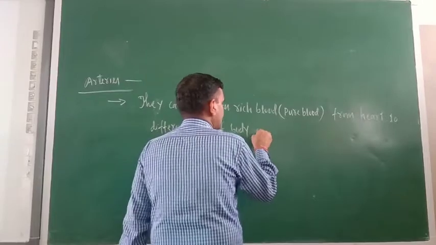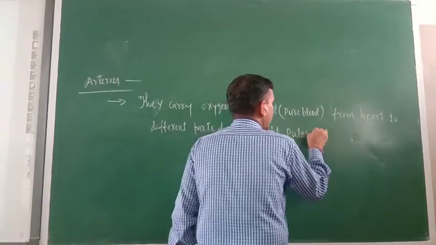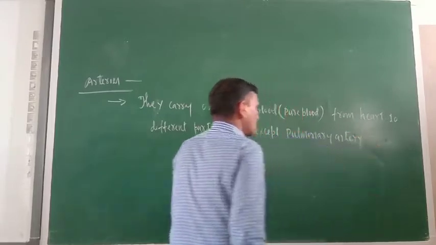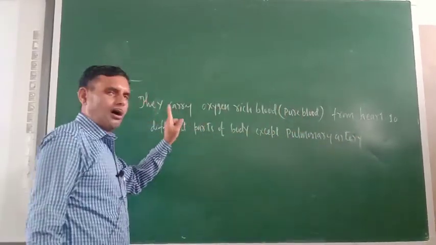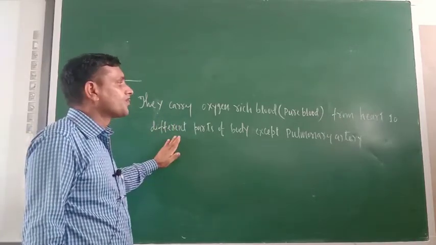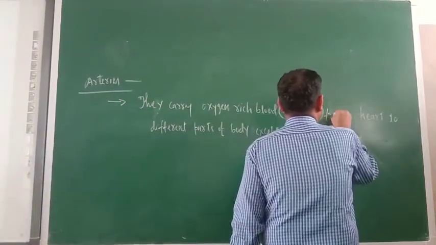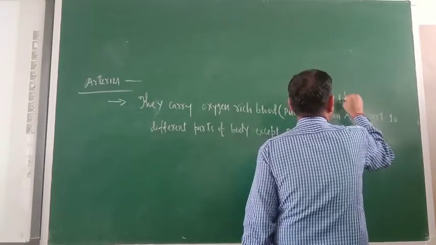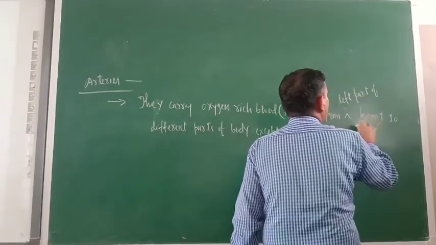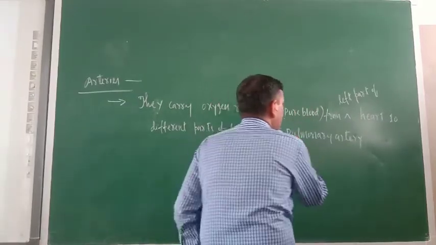Except, here one exception is there: the pulmonary artery. I will explain the pulmonary artery later on. Right now you just see, all arteries carry pure blood or oxygen rich blood from the left part of the heart to different parts of the body, except the pulmonary artery.